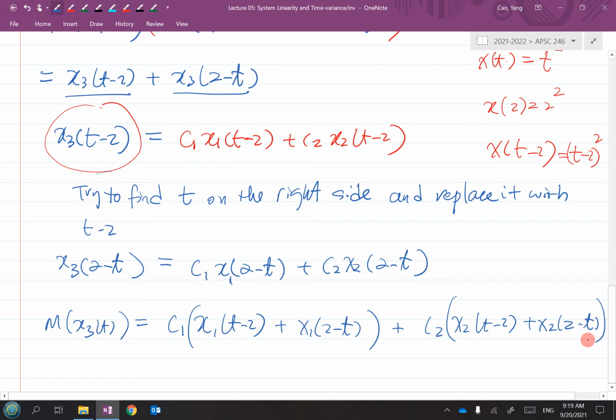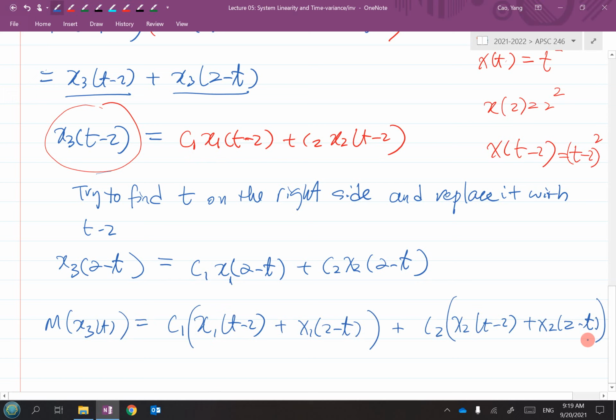This is basically the left side of the superposition we're checking. Okay. Any questions so far?